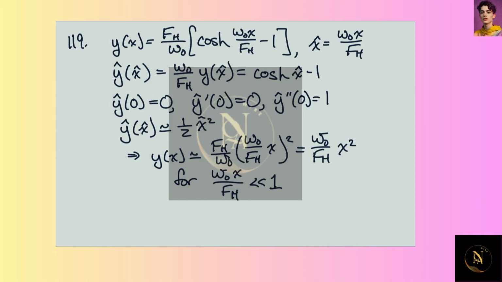If we plug all this stuff back in, you see that y of x is approximately W naught over FH times x squared. And this is again what we would get if we had assumed that the weight was distributed horizontally and not along the curve.